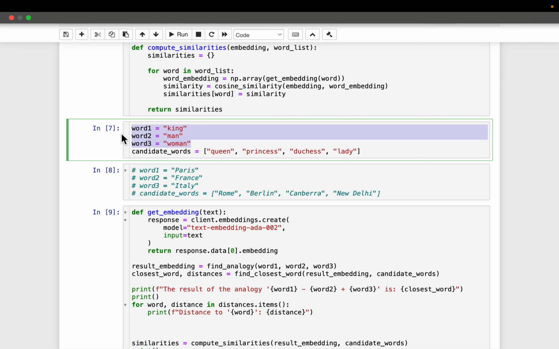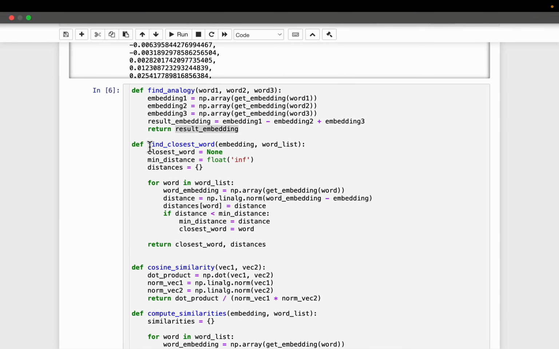So essentially we are checking which one is more correct: king minus man plus woman, is it equal to queen, or princess, or duchess, or lady? All right. So here we are finding the closest word.